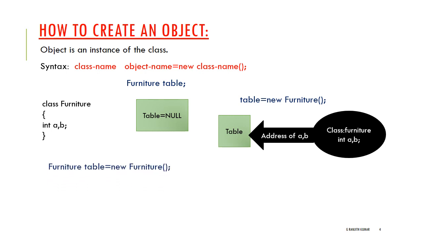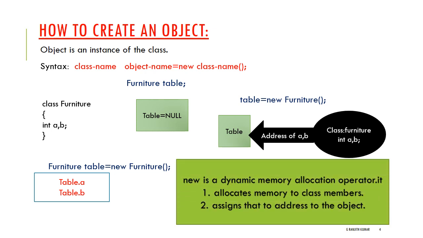Otherwise, directly in a single statement, you can also create the object like this. Once the object is instantiated, we can access the members by using the object name, that is table.a and table.b. Accessing members of the class is possible only by object instantiation, which is done using the new operator.